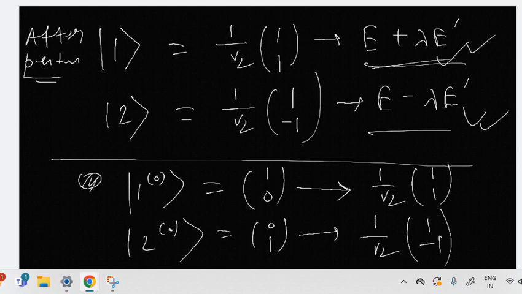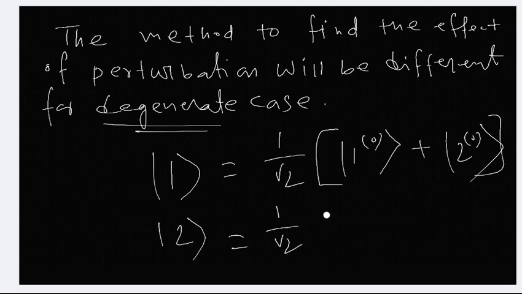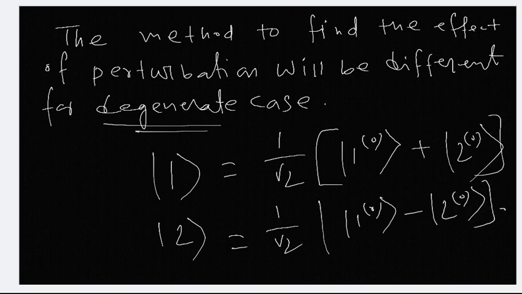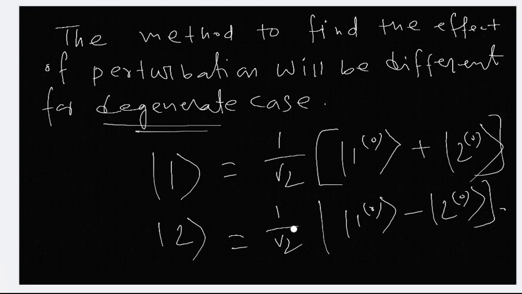And |2> is equal to 1 by root 2 (|1 0> minus |2 0>). So clearly, the perturbed spectrum will be a linear combination of the unperturbed spectrum. So this is the way of understanding how we can proceed in the degenerate case. This will give you the hint for how you can develop the degenerate perturbation theory.